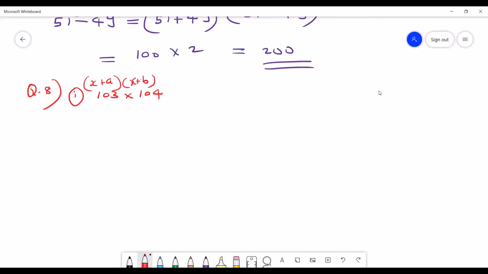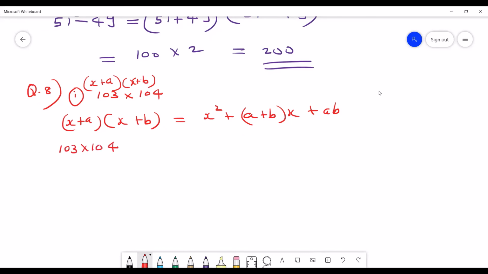So we know x plus a into x plus b is equal to x square plus a plus b into x plus ab. So here 103 into 104 is given.